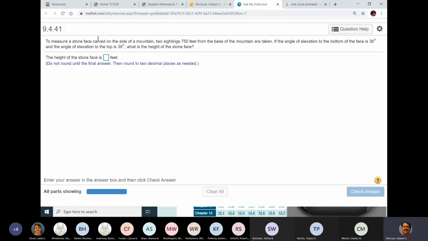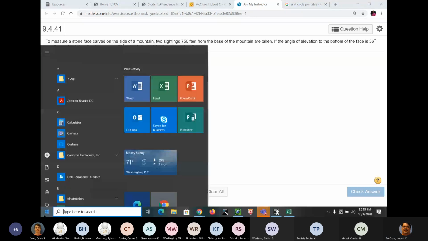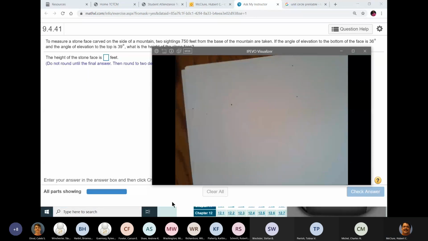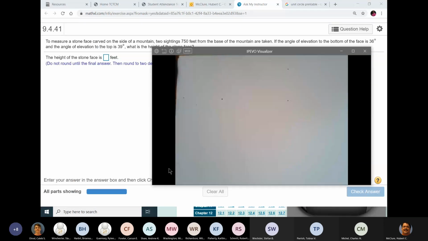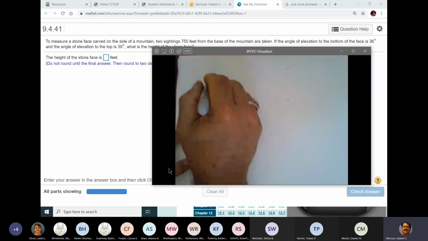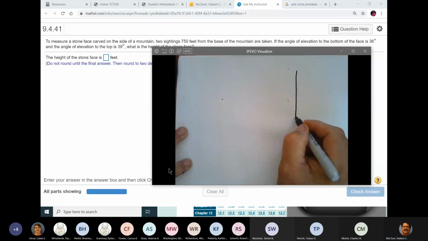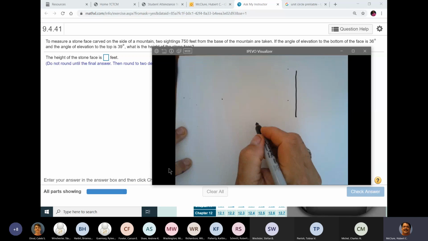To measure a stone face carved on the side of a mountain, 2 sightings. Okay, that's the same question that we just did. That question is just like the 2 triangles. Okay, I'll draw it for you. Here's a stone mountain.